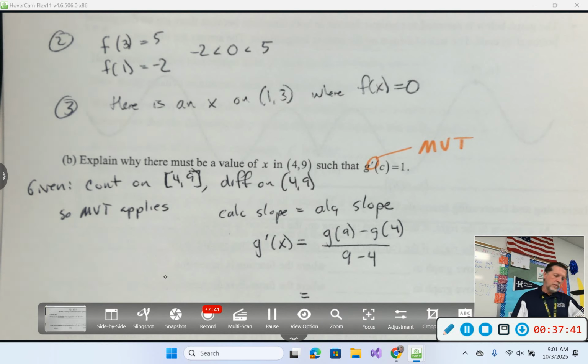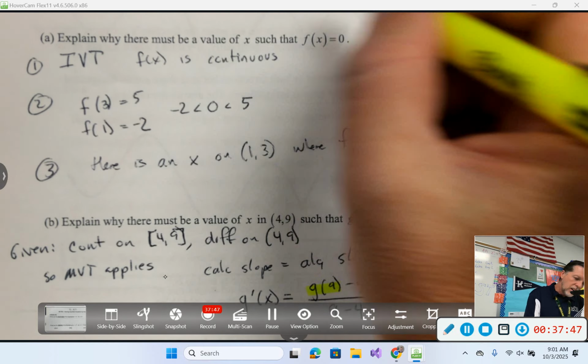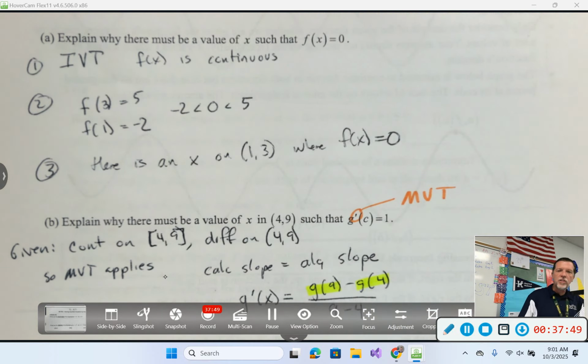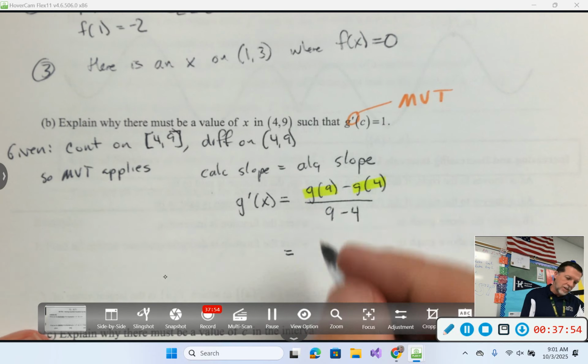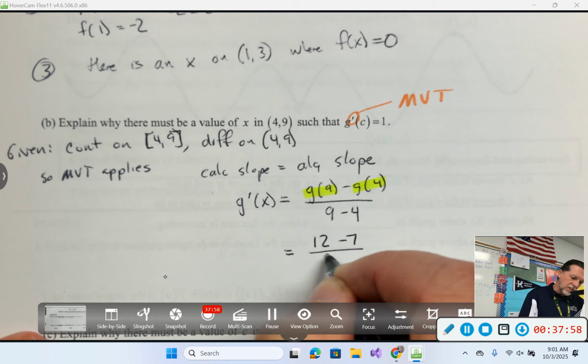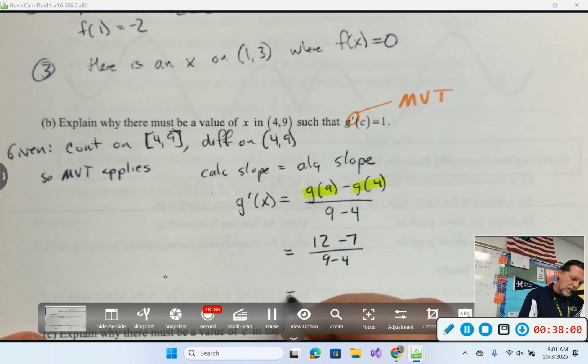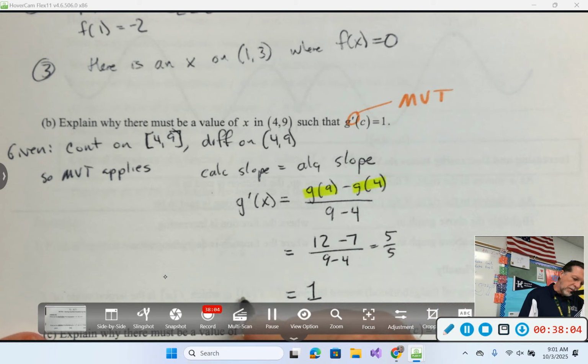So now I'm just looking back at the table to figure out what g of 9 is, and g of 4 is. G of 9 is 12, g of 4 is 7. 5 divided by 5 is 1.